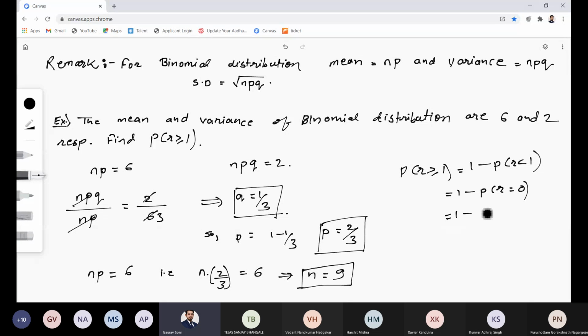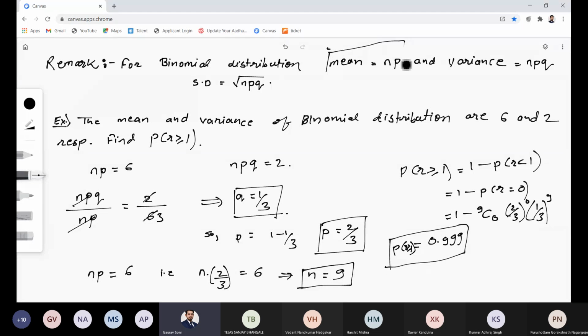So which is 1 minus 9C0, 2 by 3 raised to 0, 1 by 3 raised to 9 minus 0. So whatever the answer is, 0.999. So objective questions can be asked on this, so that is why it is important. For every distribution you will have some mean and variance. So this you have to remember for binomial distribution.